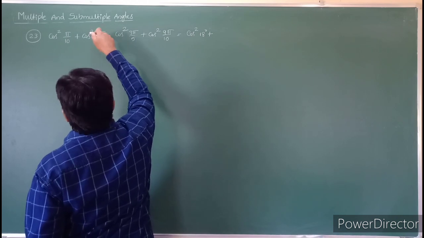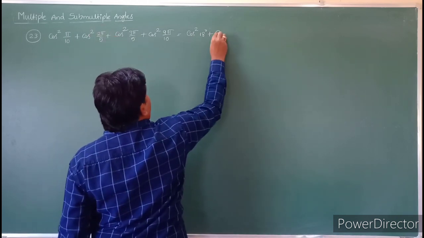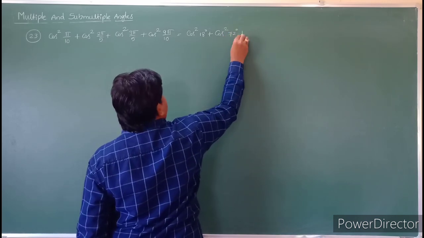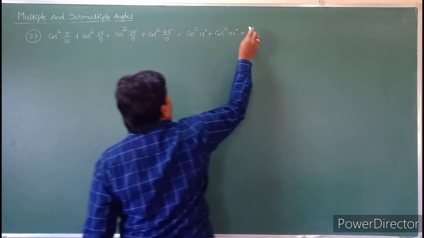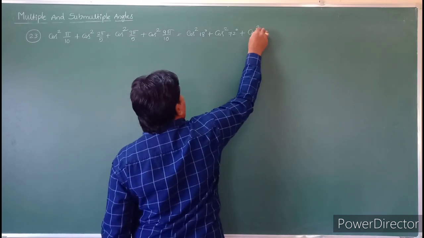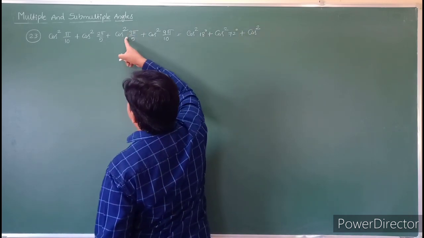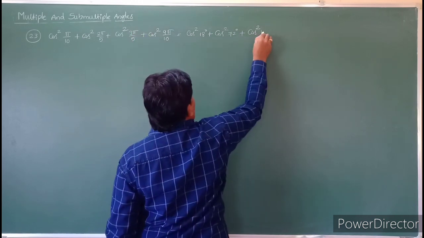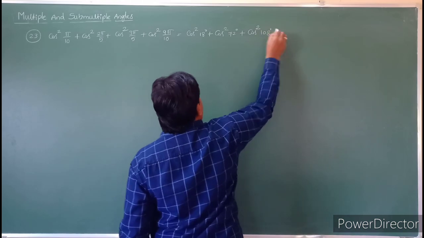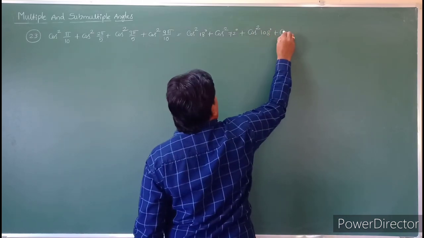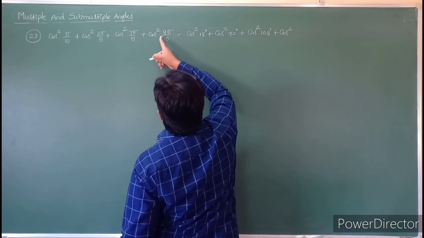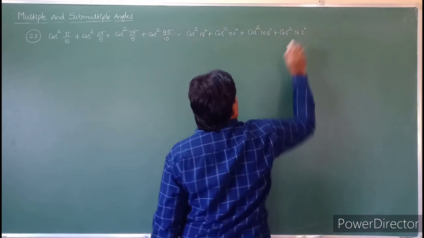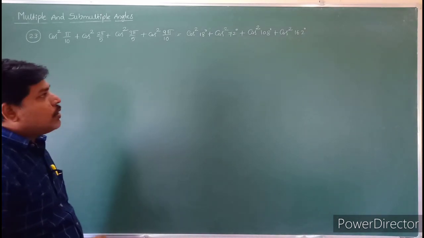So that is 4 into 18, that is cos square 72 degrees plus cos square 3 pi by 5, which is nothing but 6 into pi by 10, so 6 into 18 is 108 degrees, plus cos square 9 into 18, that is 162 degrees.